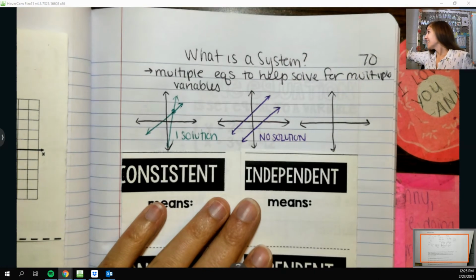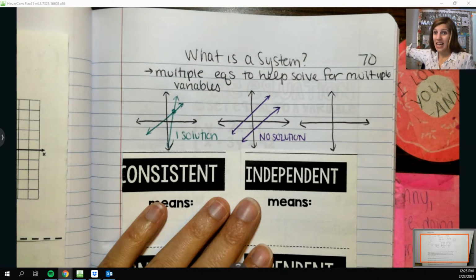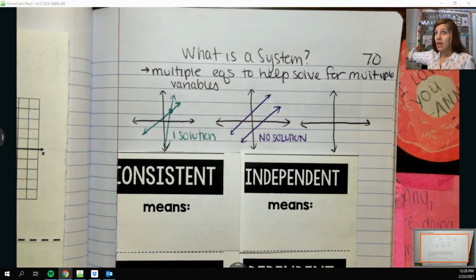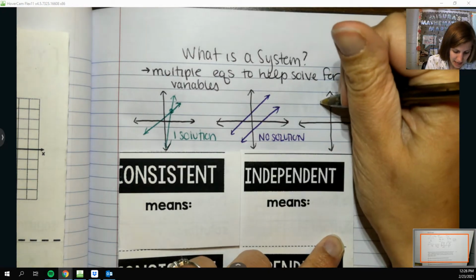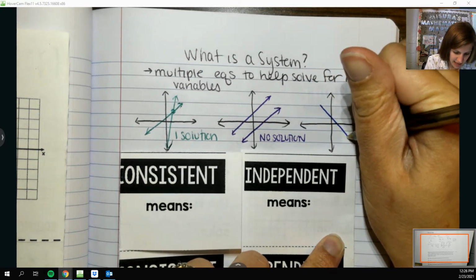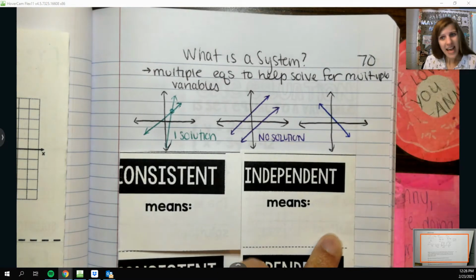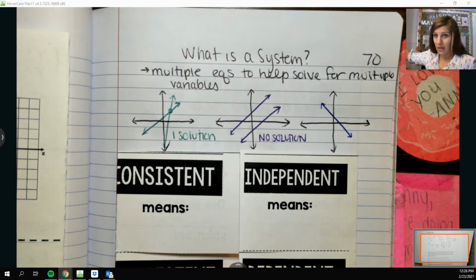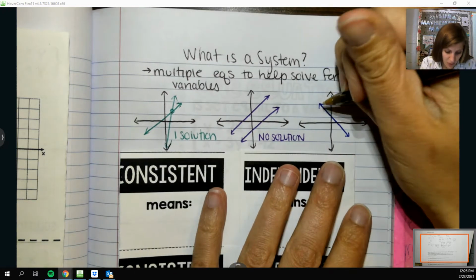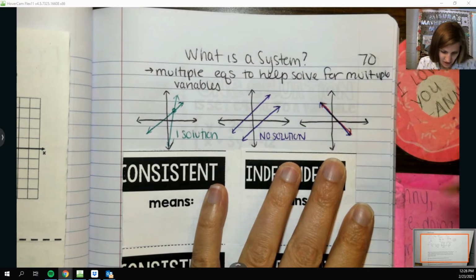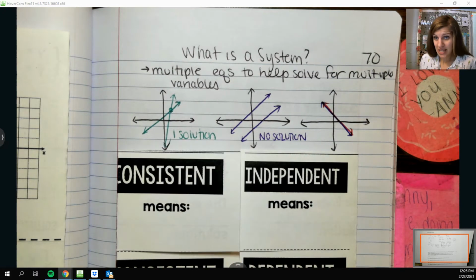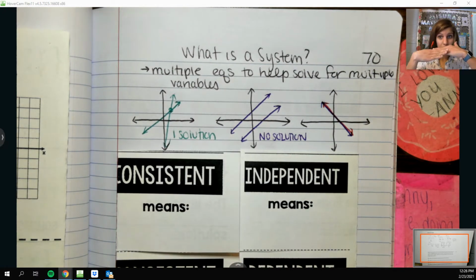Now, the last thing that can happen is actually kind of weird. We did talk about this very briefly when we were talking about parallel and perpendicular lines. What might happen is that I have a line, and then when I go to graph the other line, it ends up right on top of the first one. They're essentially the same line, a line on top of a line.